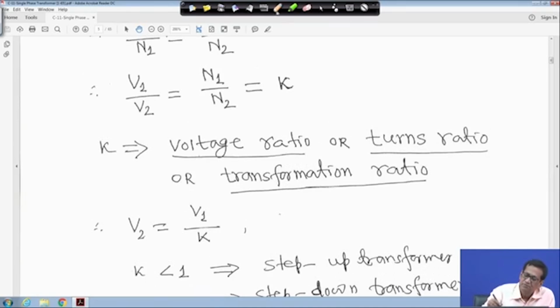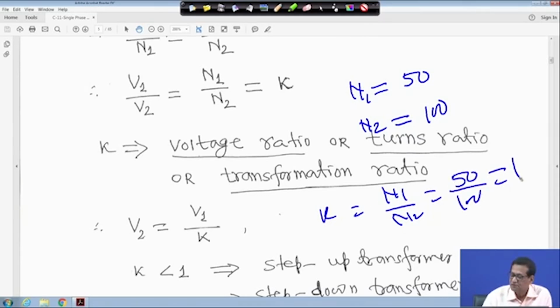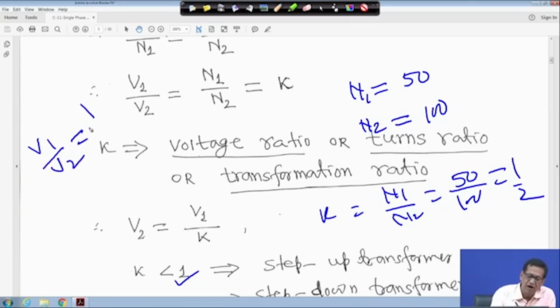For example, suppose N1 is equal to 50 and N2 is equal to 100, that is 50 turns and 100 turns. Then K is equal to N1 by N2, which is 50 by 100, equal to half. That means K is less than 1, so it is a step up transformer. Why? Here V1 upon V2 is equal to K, which is half.